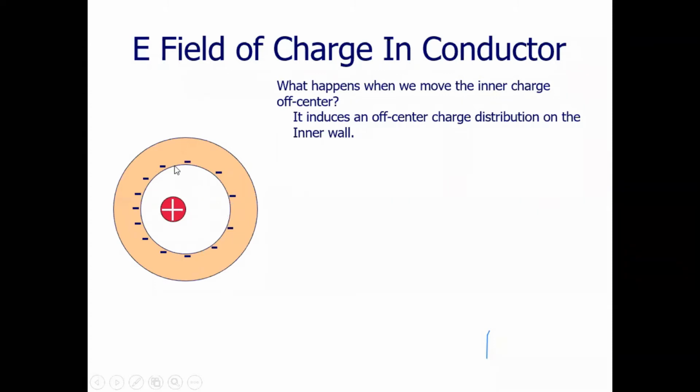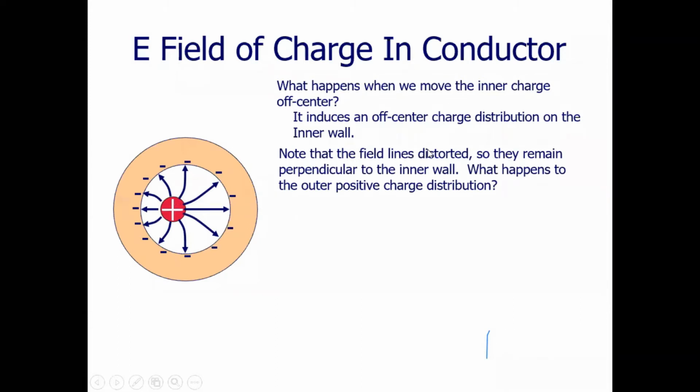So more charge will be induced on this side than on this side, because this charge has been moved off center. And now the electric field inside the cavity will be kind of distorted.